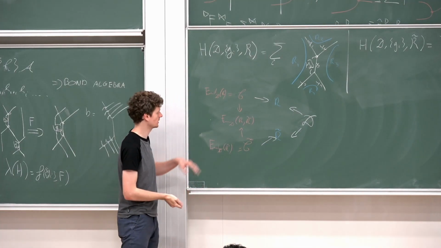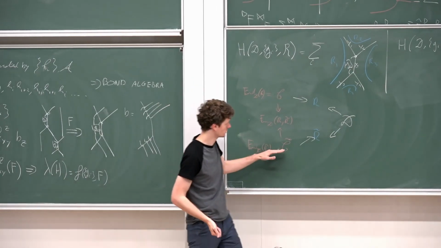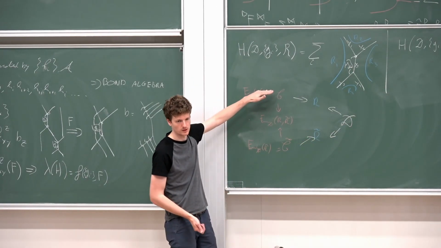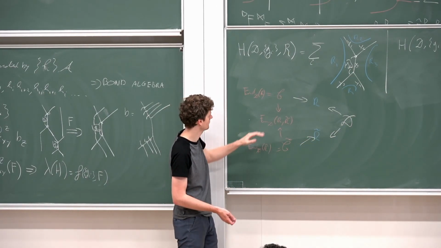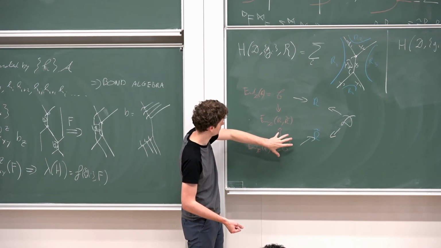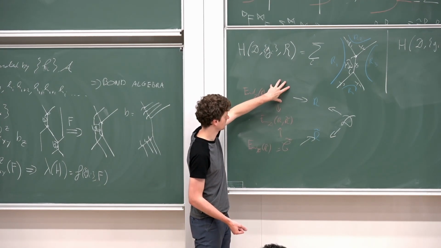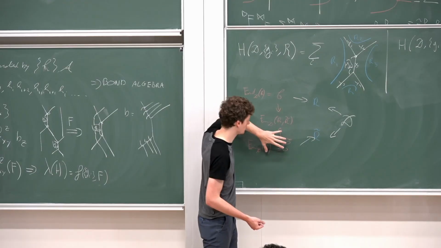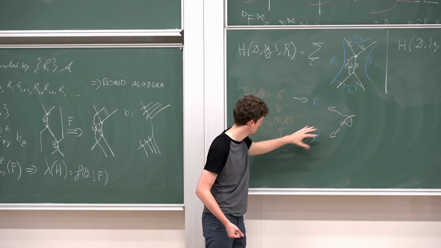So this is something that you can explicitly compute. It's basically the composition of this domain wall with this domain wall. So there is a domain wall between this symmetry and this other symmetry, right, which you can just obtain by composing these domain walls.